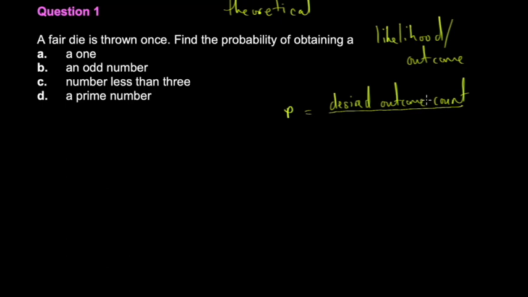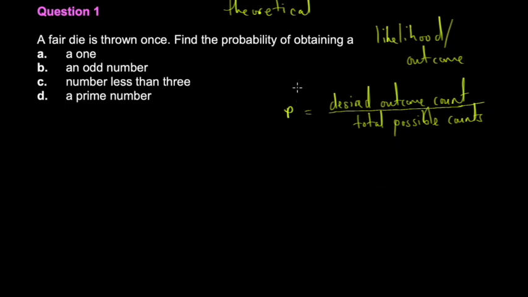How many can you actually get in just one draw? That's the desired outcome count, and then over the total possible counts. Okay, so you're dealing now with the whole probability space. For example, for a deck of cards, the probability space is actually just 52 cards. Okay, so that's our general definition for probability.